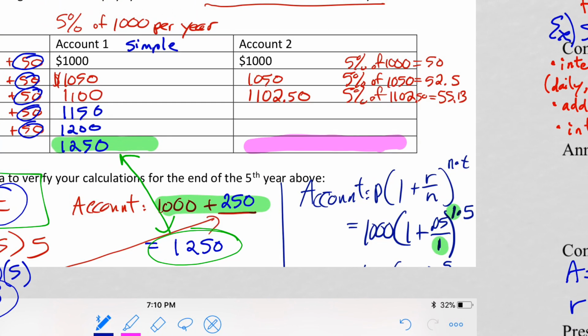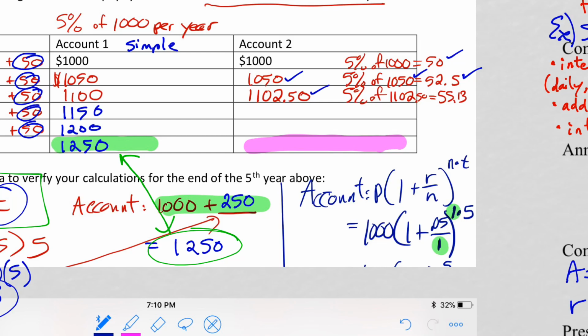However, in account two, we are accumulating. It's compounding. So the first year is $50, but now I have $1,050 in the account. So now it's 5% of $1,050. So now my $1,050 grows. Instead of having $50 added, I have $52.50. So we're going to add that into my account.